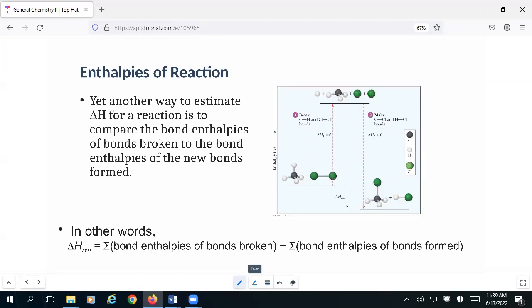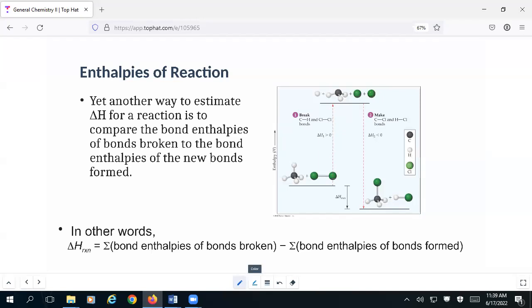So a way of looking at heat of reaction can be from that perspective of the bonds themselves. If I take the bond enthalpies of all those bonds that are broken, all that would be positive energy going in. And if I subtract from that all of the bond enthalpies for all of the bonds that form, that would be energy coming out as the reaction proceeds.